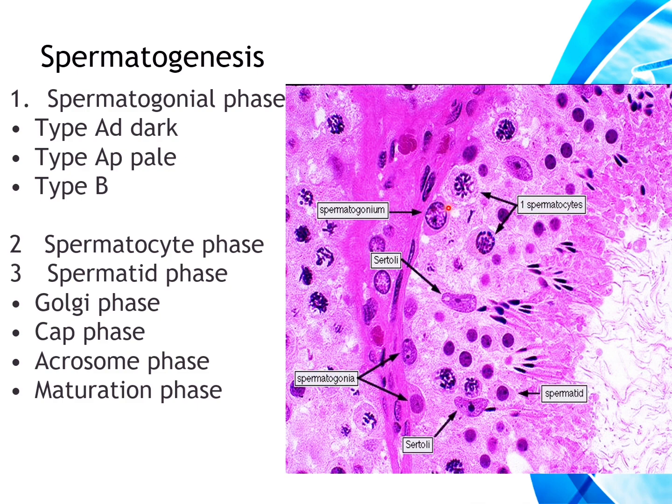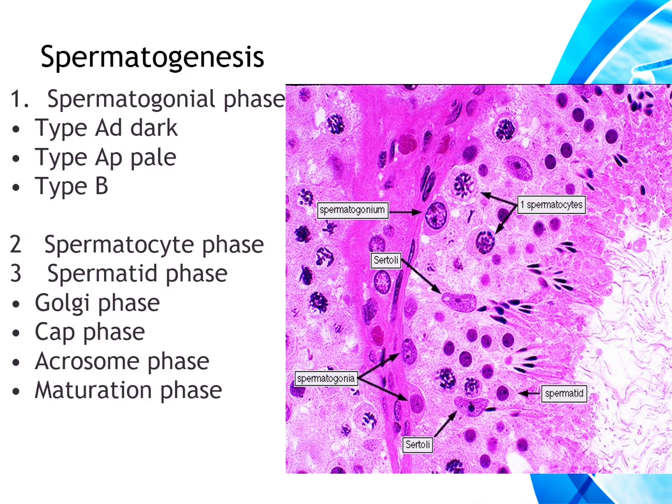Some of the type A dark cells then form the type A pale cells, and then the type A pale cells start the process leading to the formation of type B spermatogonia. These type B cells have dense chromatin.